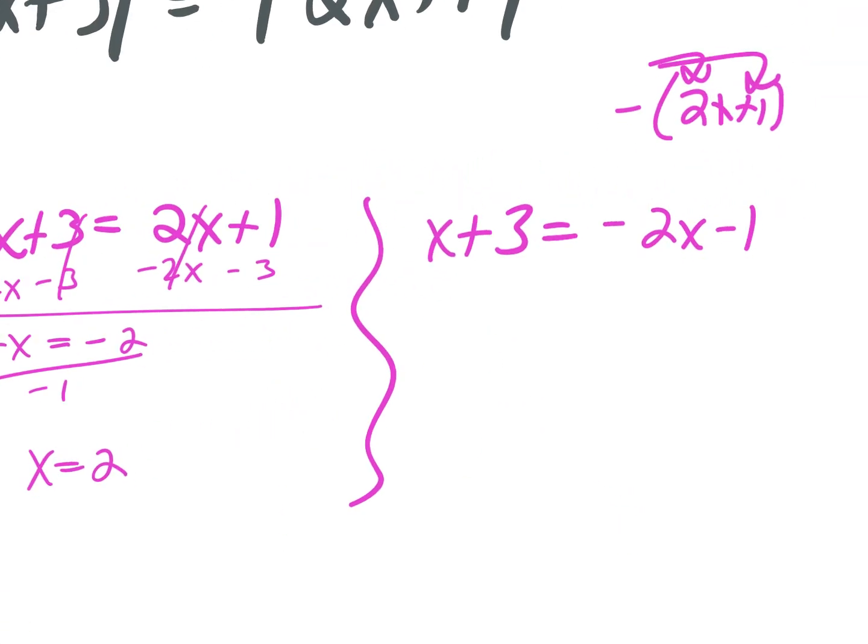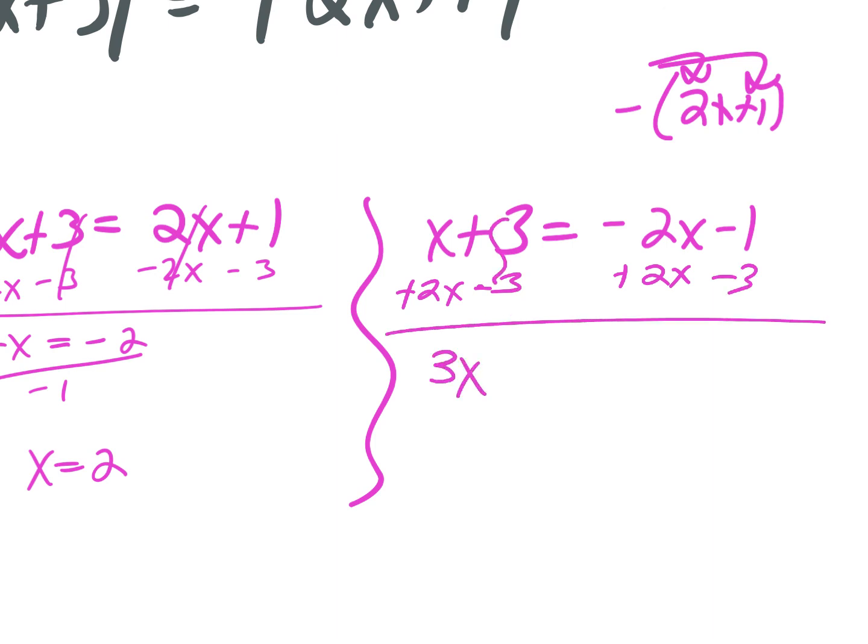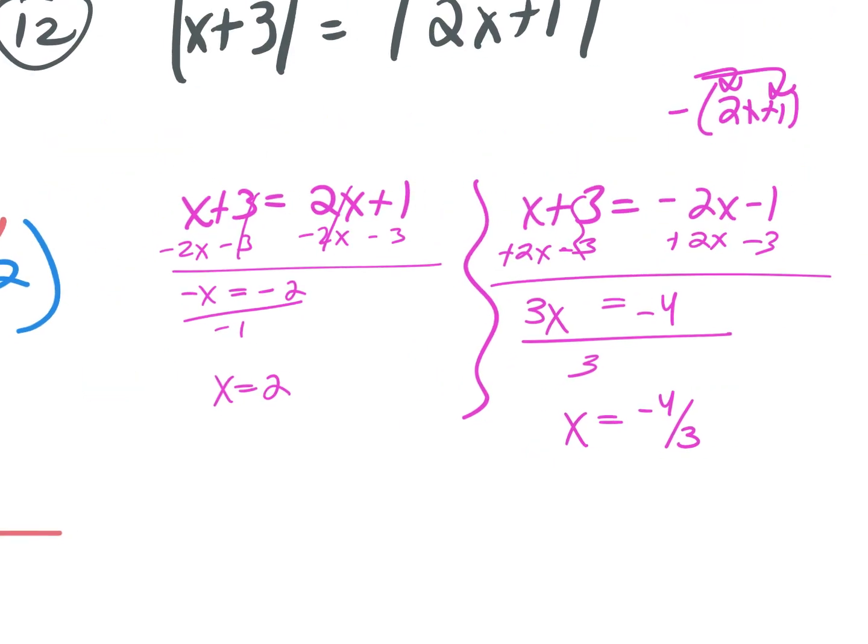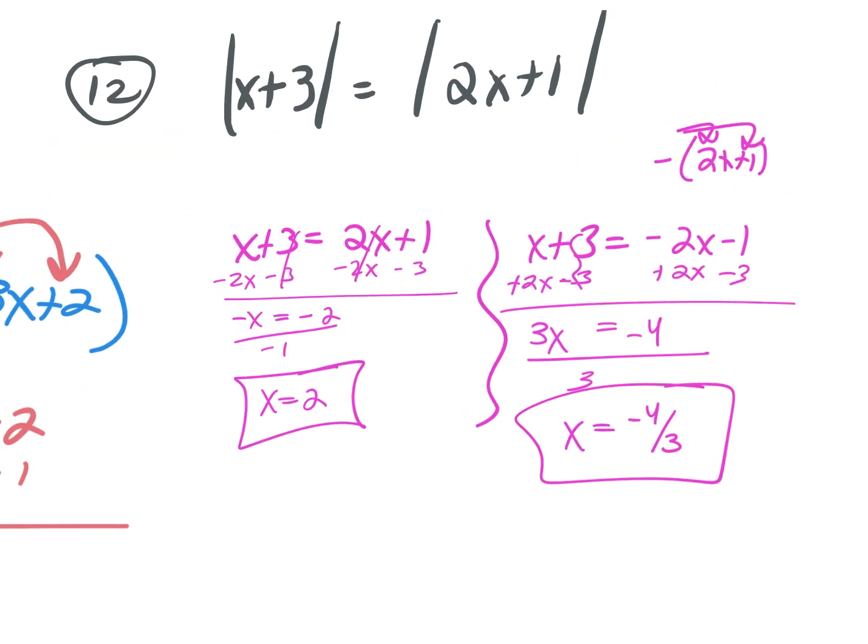Now over here, I'm going to add 2x to both sides. And then I'm going to subtract 3. So I have 3x equals what? Negative 4. Divide by 3, and I get x equals negative 4/3. And those are my two answers. Plug them back in, and they will work beautifully. Questions?